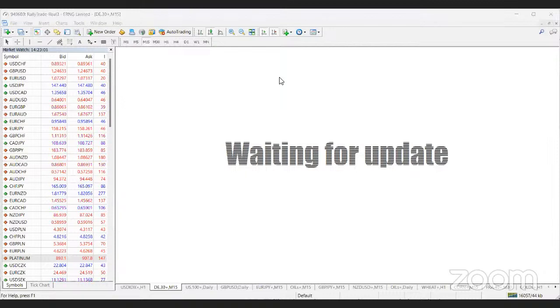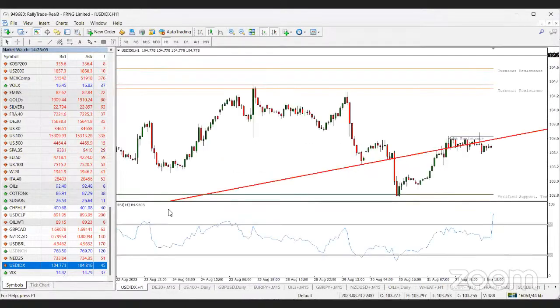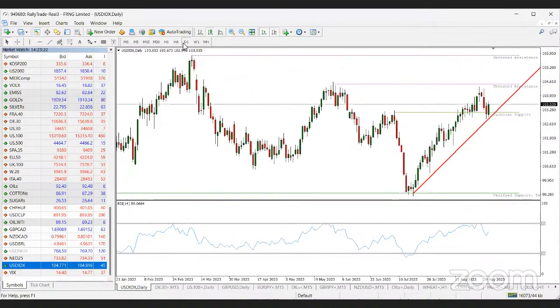Okay, we can see my chart already. Let's check out the US index. Okay, good. So this is the dollar index. In the past 1 hour, the dollar index has been making a steady rise in the market.